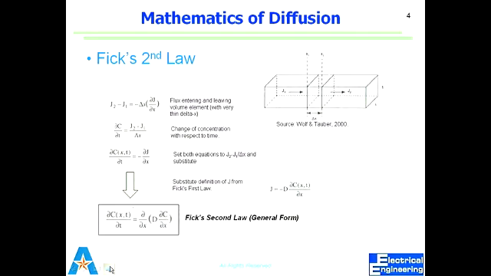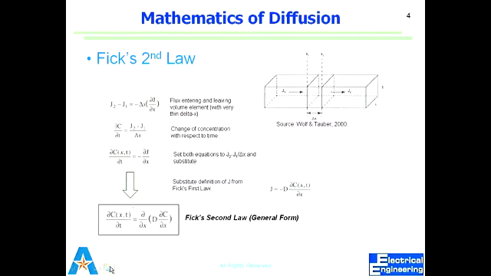So there is J1 that enters and J2 that exits, because as the flux travels from one point to the other, it is decreasing, and that is the reason why we have the negative in the equation, right? J1 is entering and J2 is coming out.